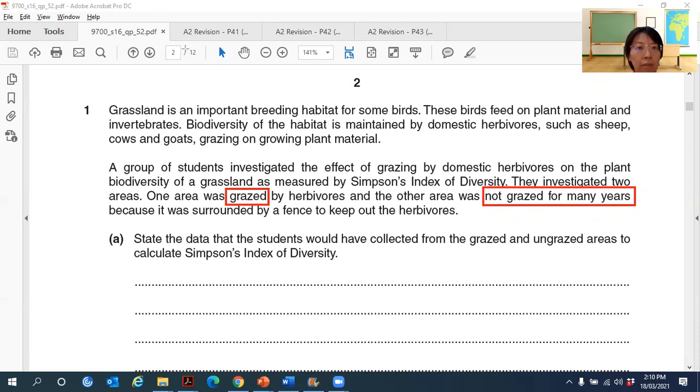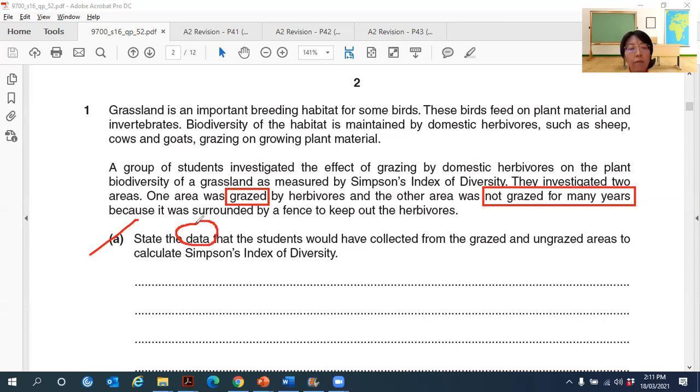So the question asked, state the data that the students would have collected from the grazed and ungrazed areas to calculate Simpson's Index of Diversity. So what is the data that you need in order to calculate Simpson's Index of Diversity?